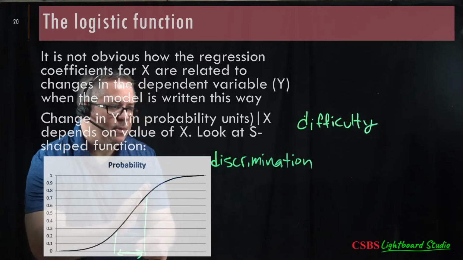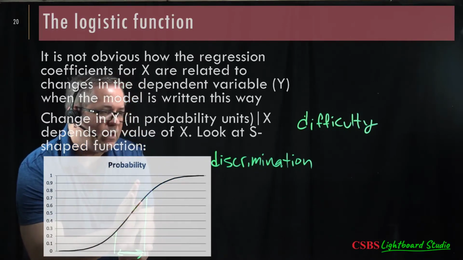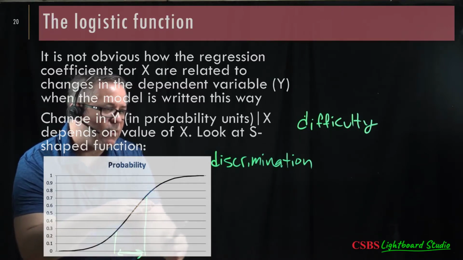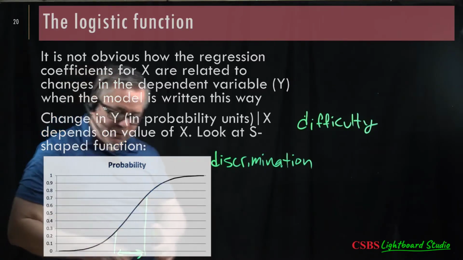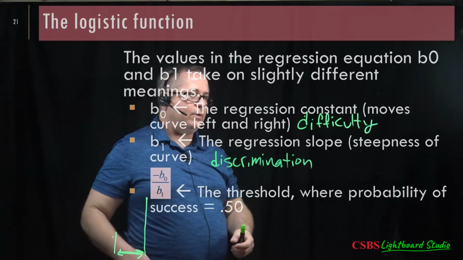If it's steeper, I can discriminate within a more narrow range of people. It's more discriminating. If it's flatter, I have to go a lot farther along the predictor to be able to tell people apart. So it's less discriminating.